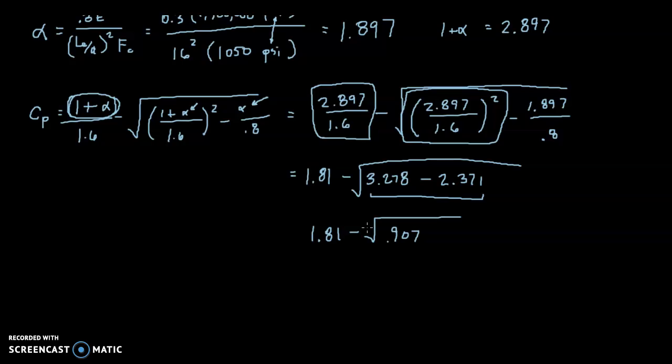So now, I think that's simple enough. I can just put the whole thing into the calculator. 1.81 minus the square root of 0.907, and that gives me 0.858 is our CP value.